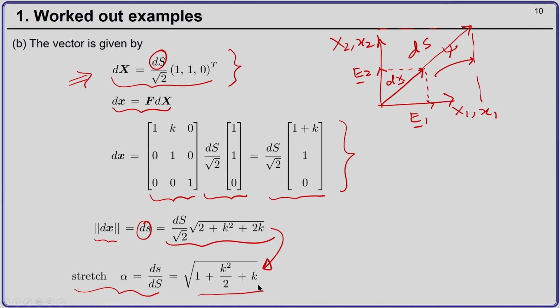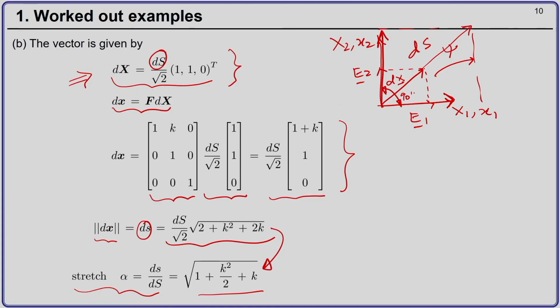Now, coming to the angle change. We have also been asked what happens to the angle. Initially, if you have a material element along the x1 direction and another material element along the x2 direction, what will be the change in the angle?